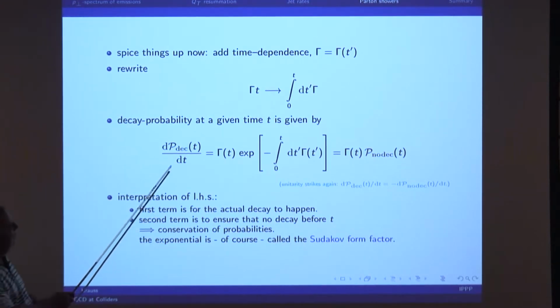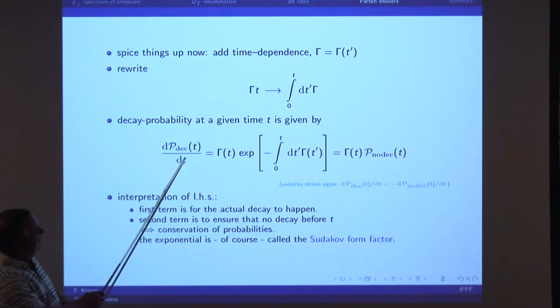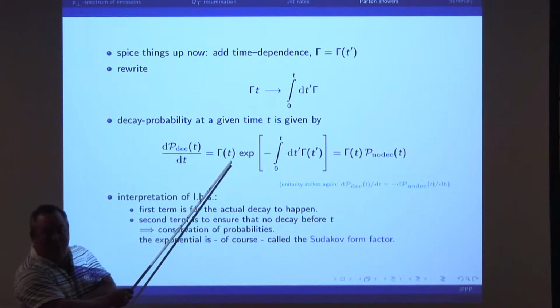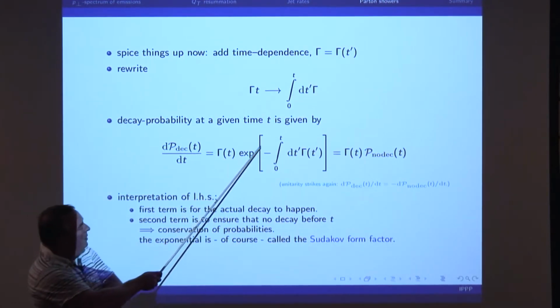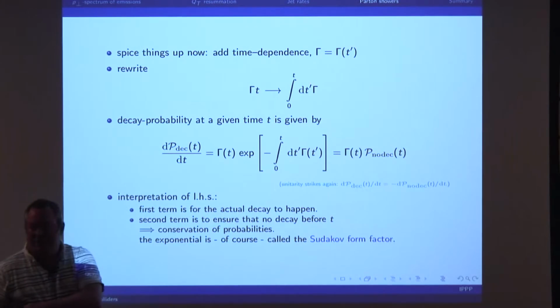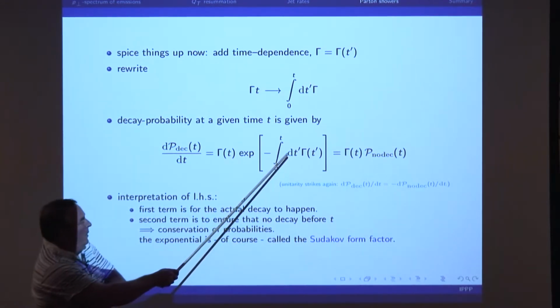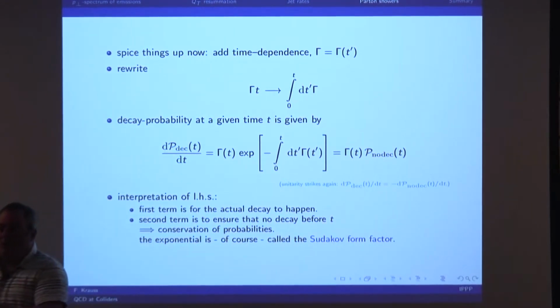So we do the same thing now. The decay probability at any given time is 1 over tau, which is my gamma of t, times a Sudakov form factor, where I now have a notion of time in it. So instead of doing gamma t, I'll do the integral of gamma dt.